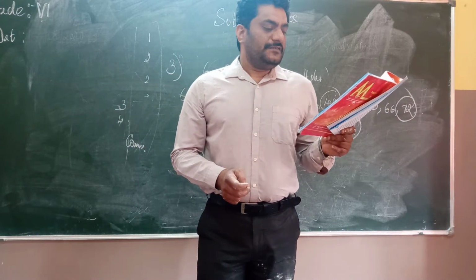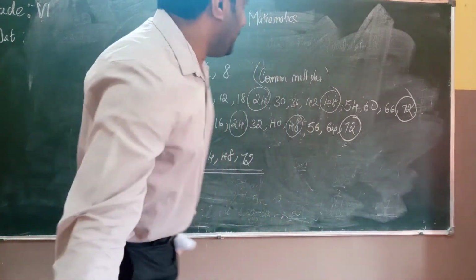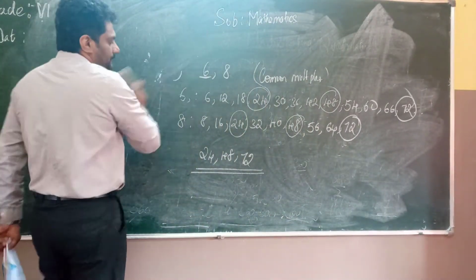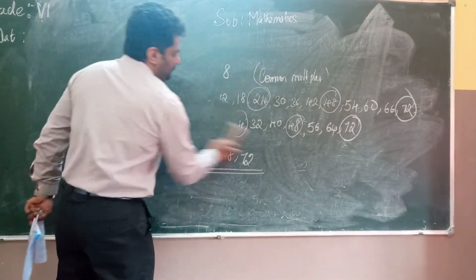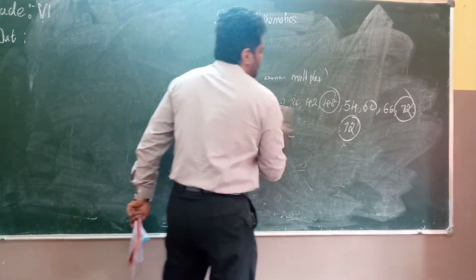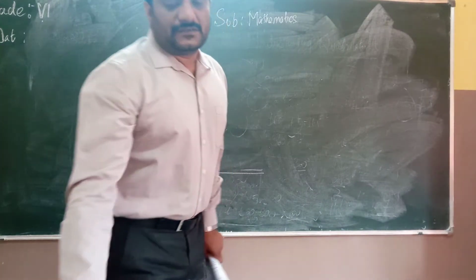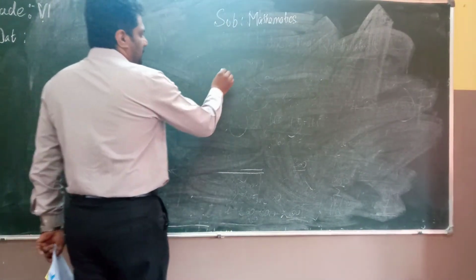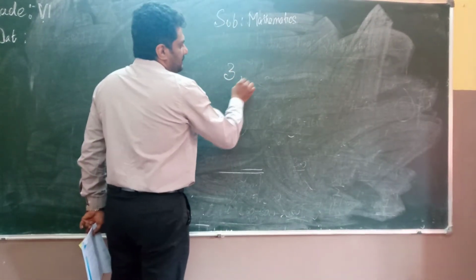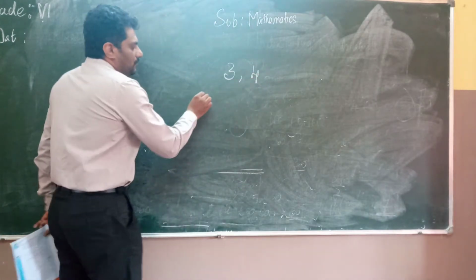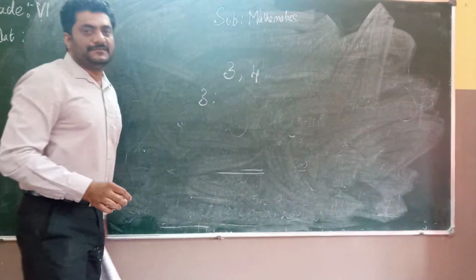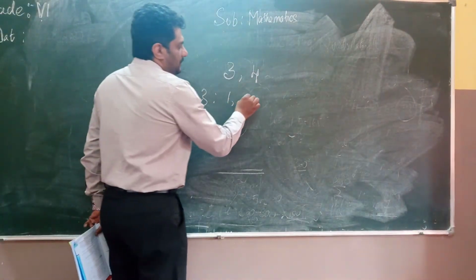Now, which of the following numbers are coprime? Now, what is a coprime? Okay, coprimes are, for example, I have two numbers, 3 and 4. What are the factors of 3? 1, 3.